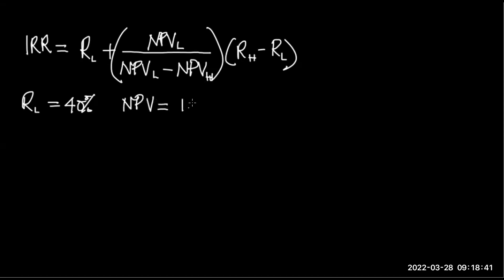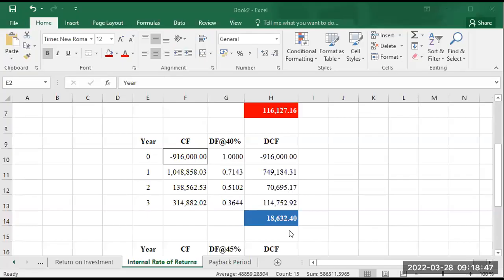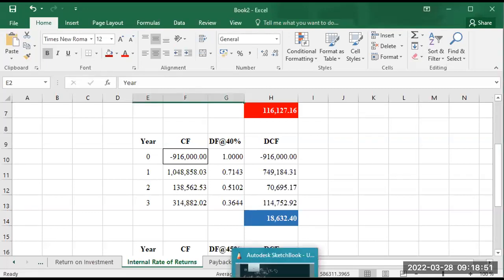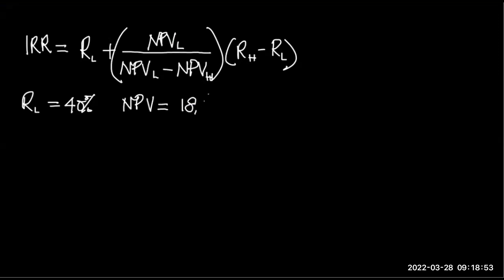It was 18,000. Let's use the actual value: 18,632.40.